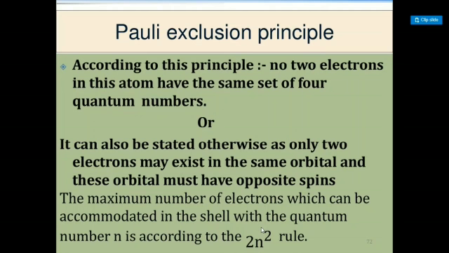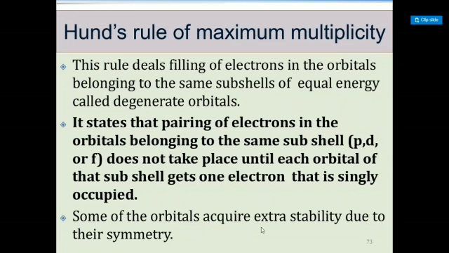No 2 electrons in an atom have the same set of 4 quantum numbers. It can also be stated otherwise: only 2 electrons may exist in the same orbital and these must have opposite spins. The maximum number of electrons which can be accommodated in the shell with quantum number n is given by the 2n square rule.